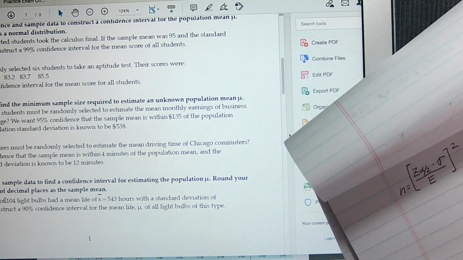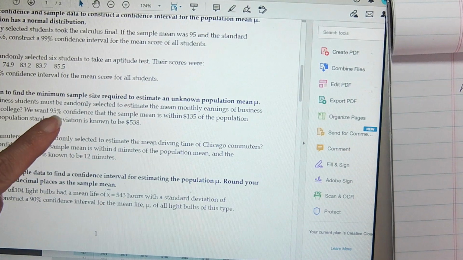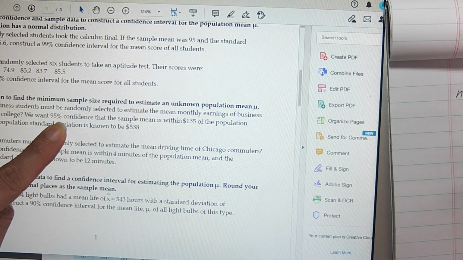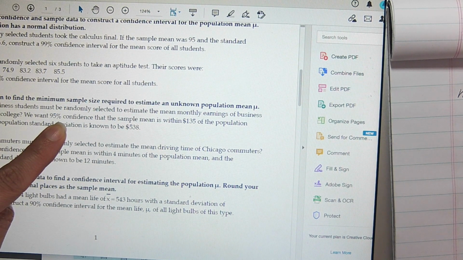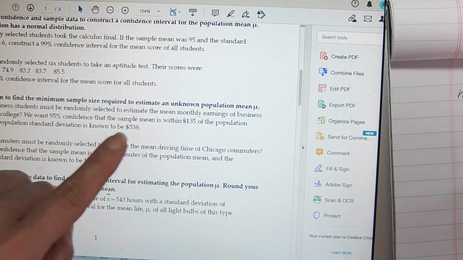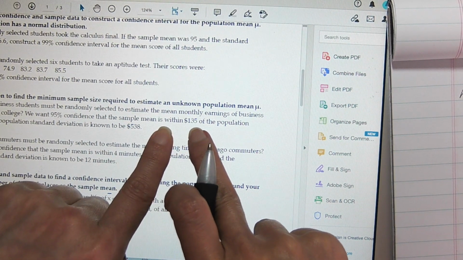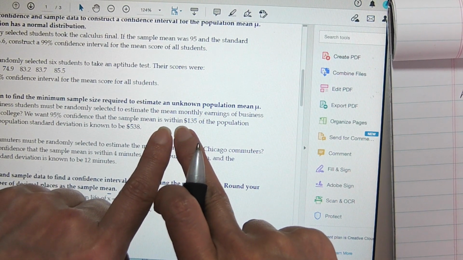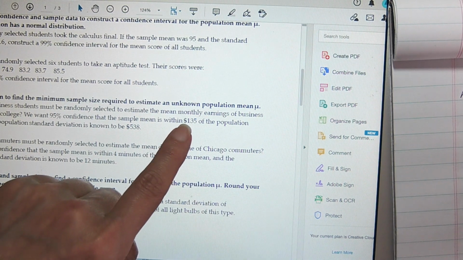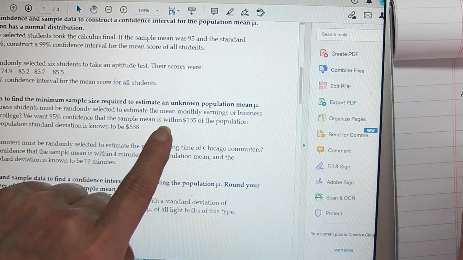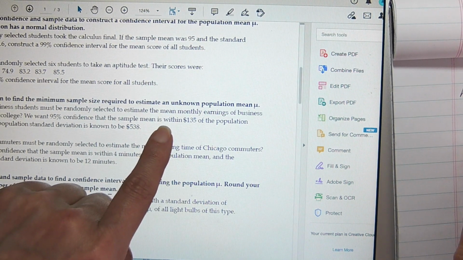Okay, so this guy needed this formula, and we are doing the other one, right? So read the question carefully. They are saying it's 95% confidence level. The sample mean is within 135. Did you see that, within? Within means this 135 is the E. If you see that term, that's what E means.